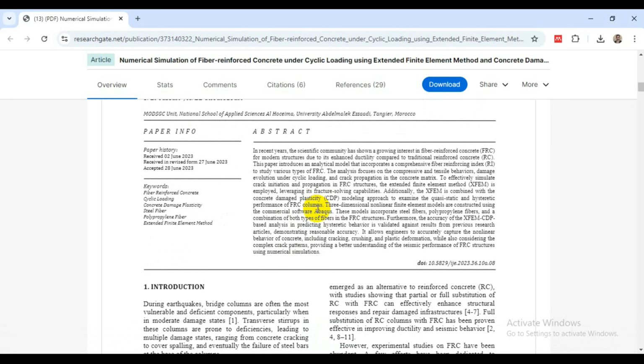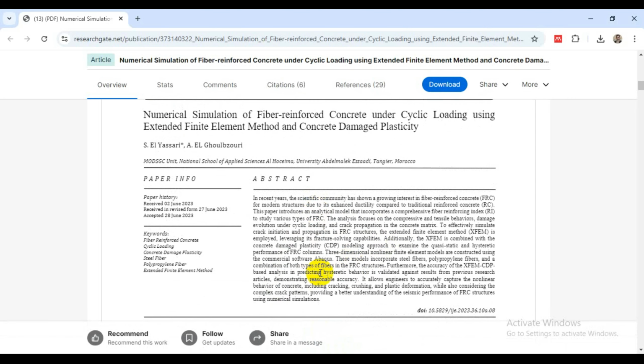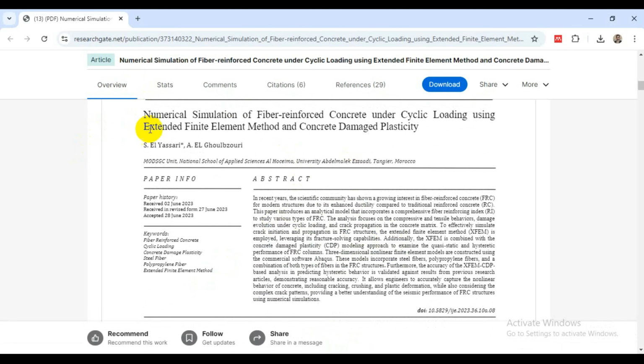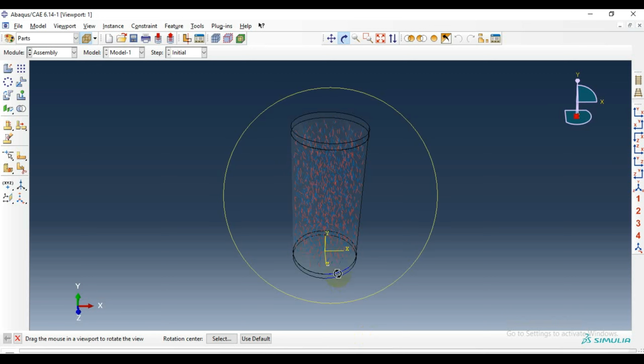So you can study this paper, and similar research like the one mentioned here, and we need to find out the use of fiber reinforced concrete in the research that we are studying.